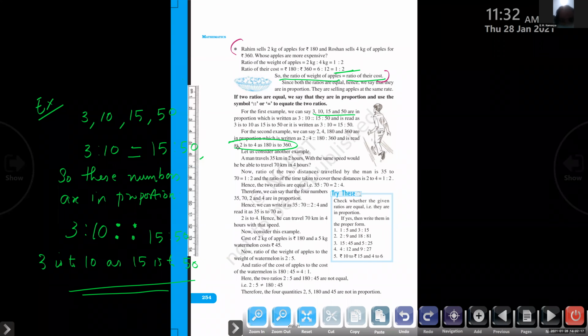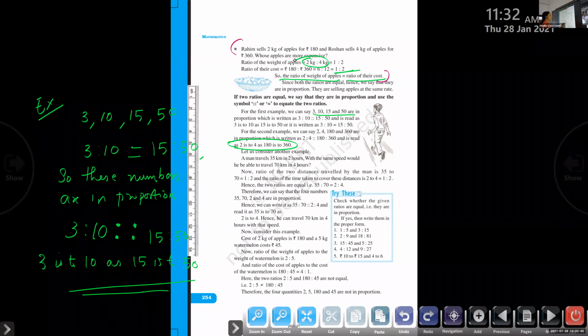Here is one more example. Can you see? I made a round over there. How will you read that? 2 is to 4 as 180 is to 360. Can you see this 2 kilogram, 4 kilogram, Rahim's and Roshan's?